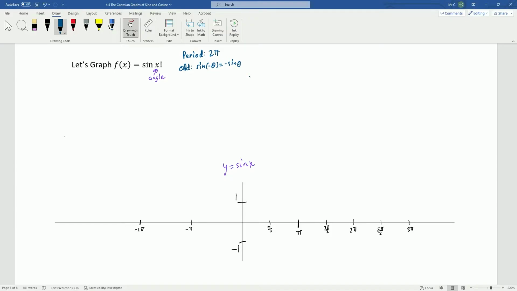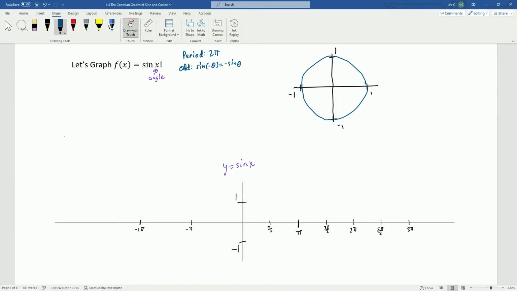And the way I'm going to graph this Cartesian plane is by taking the information off of the unit circle and just plotting it onto the Cartesian plane in our standard XY format. So we'll just real quick sketch out a unit circle here. We're not going to draw everything.